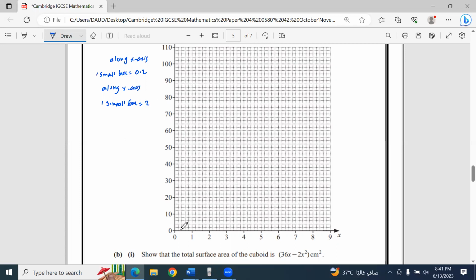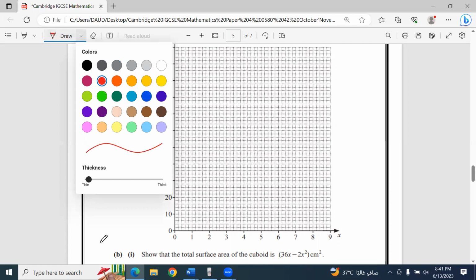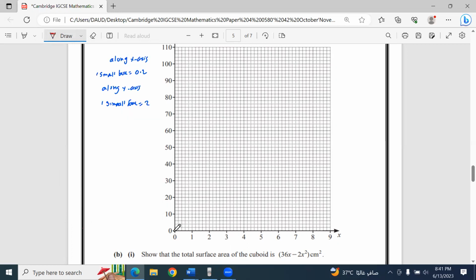So the first point is 0, 0. Then we have 1, 8. Remember that one box is 2, so behind it one box, so this is the point. Then we have 2, 28, behind 30, this one.